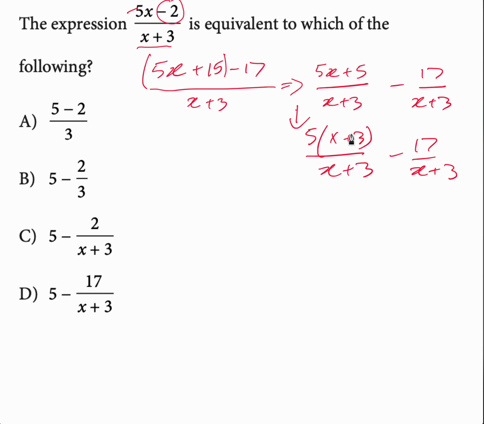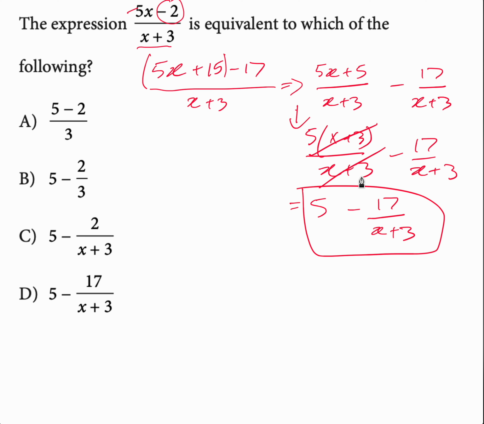Now that we see x plus 3 in both denominators, I can definitely cancel that out. So I have 5 minus 17 over x plus 3, and this is my answer.